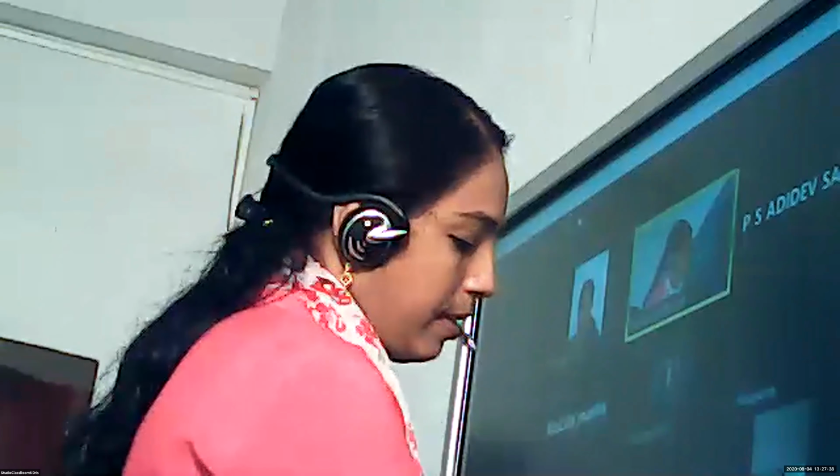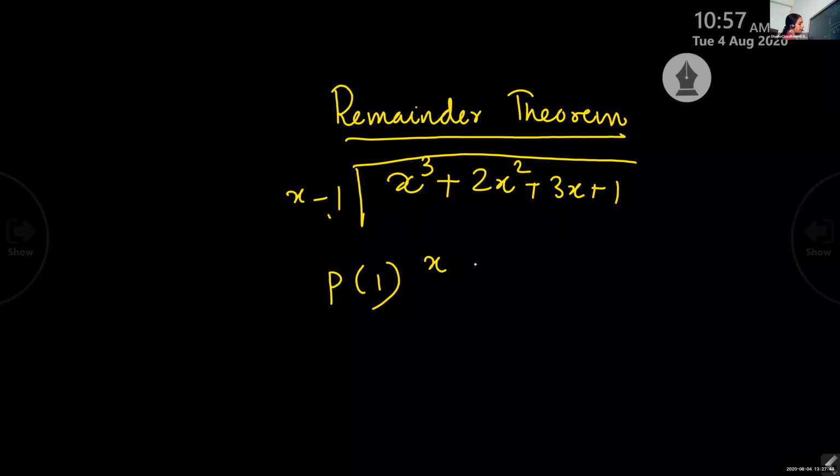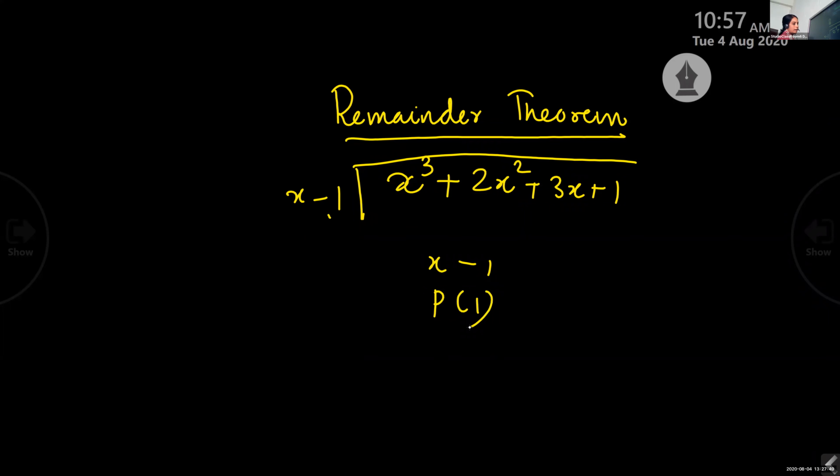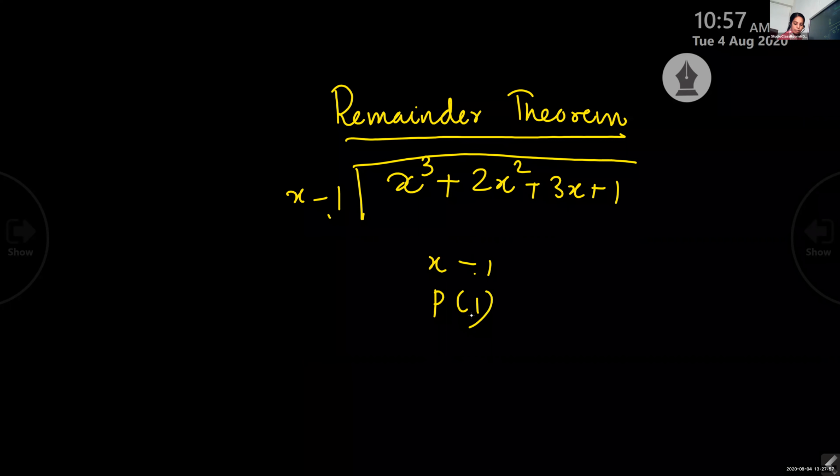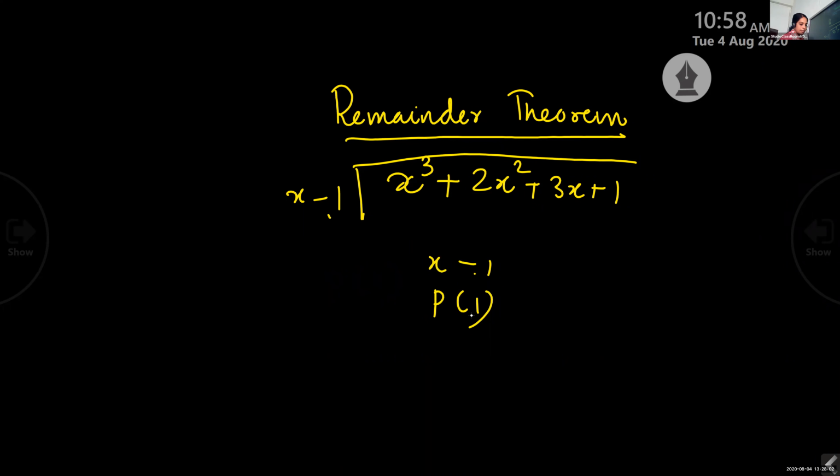Like this. Listen. If you are dividing with x minus 1, the remainder is p of 1. Can you find out the relation between this x minus 1 and p of 1? If you are dividing with x minus 2, the remainder is p of 2.